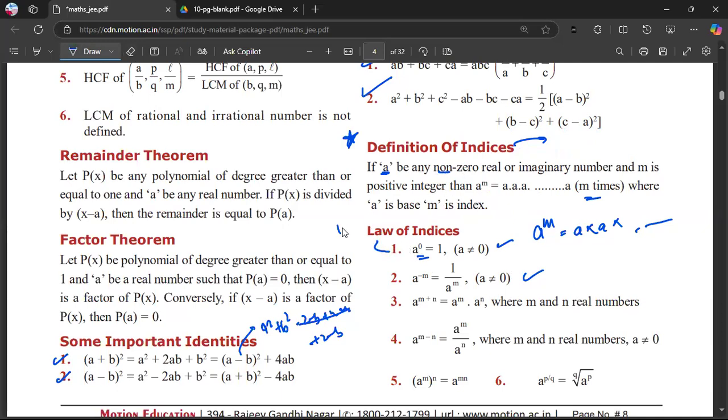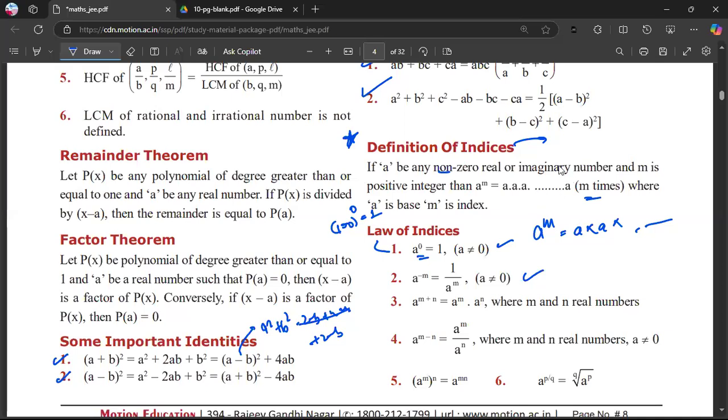So if we write 100 raised to power 0, what is it? 1. There is an equal to symbol there. So basically anything raised to 0 will become 1.